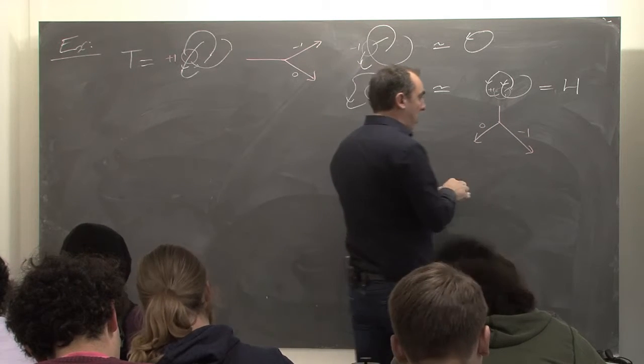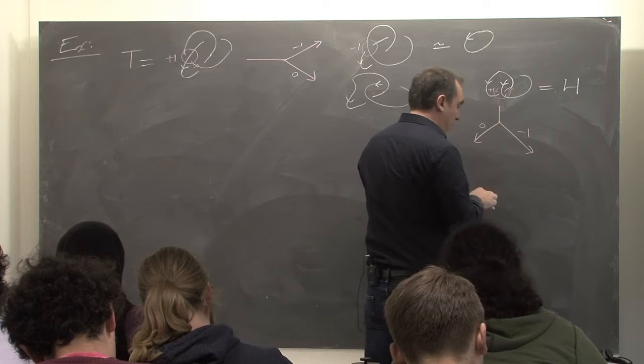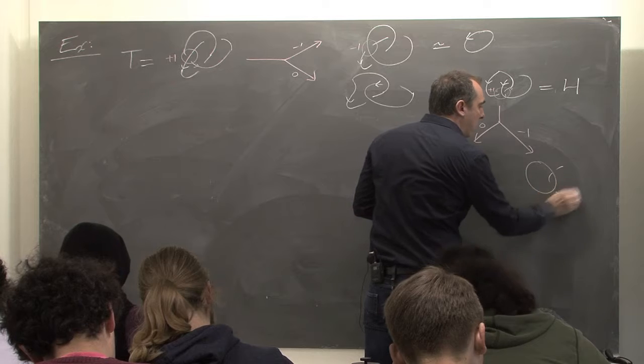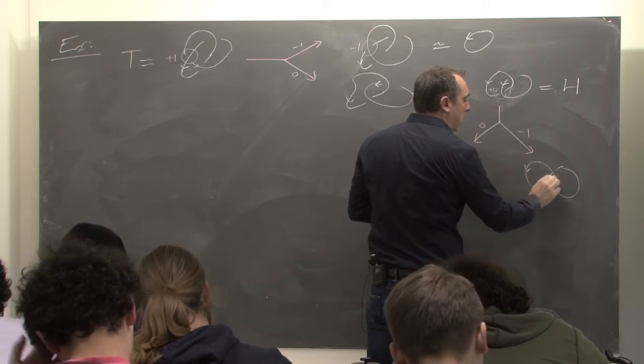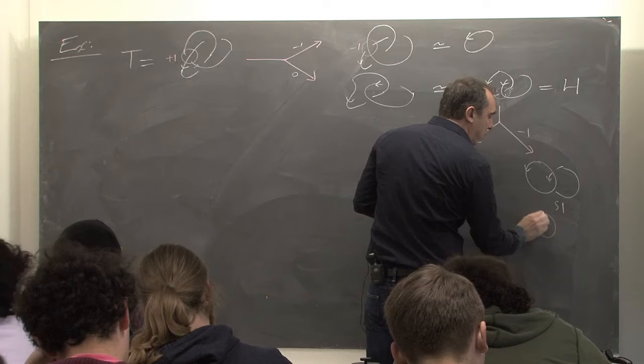If I change it to this, I obtain the unlink with two components.